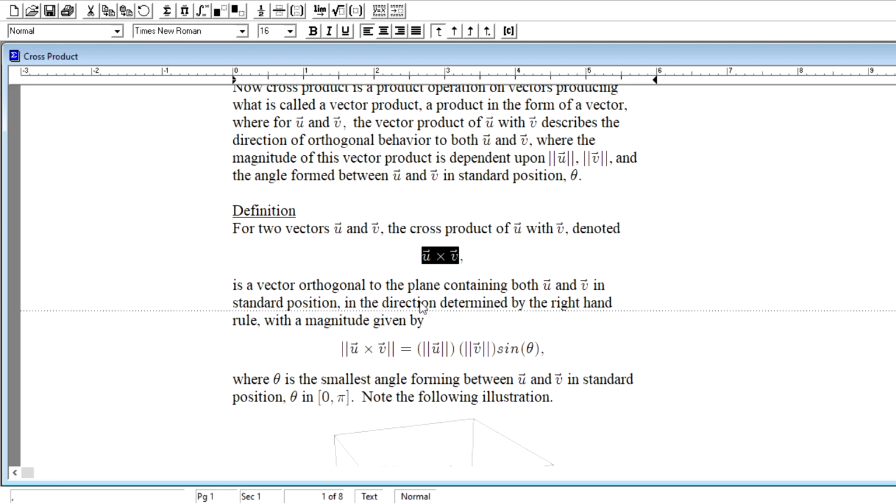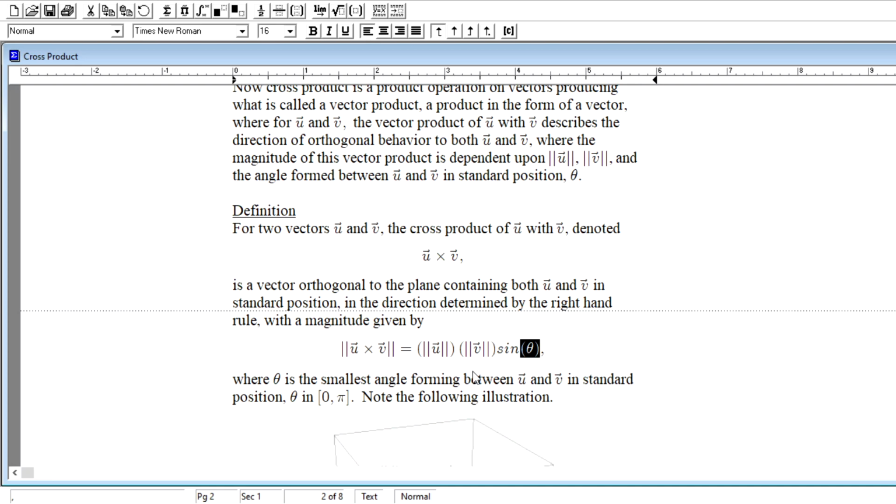Where the direction is determined by what we call the right-hand rule, and I'll explain that here in a moment with an illustration, but the magnitude of the cross product is the magnitude of vector u times the magnitude of vector v times the sine of theta. Theta, again, being the smallest angle forming between u and v.